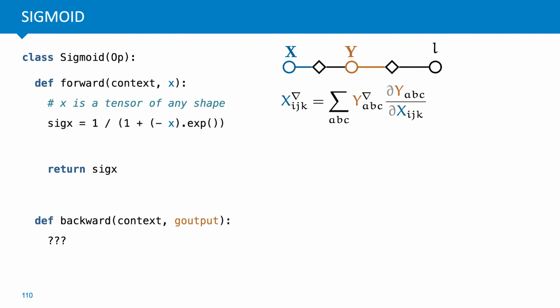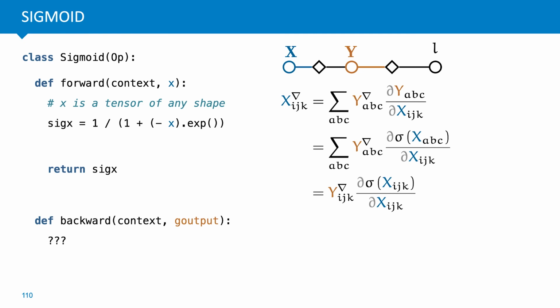We focus on the element ijk, and from the standard application of the chain rule, we see that that is defined by this sum. We fill in the definition of y-abc, which is simply the sigmoid function applied to x-abc, and we see that all terms in this sum are 0 except when a is equal to i, b is equal to j, and c is equal to k.